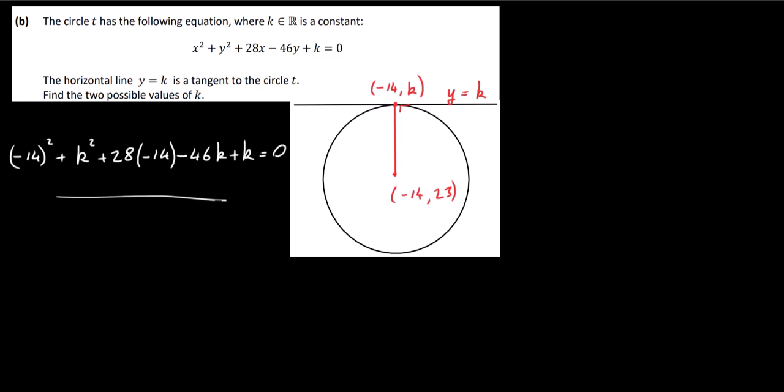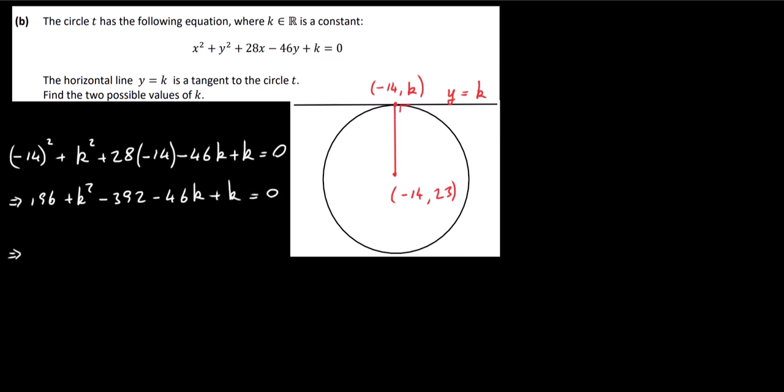So we have an equation here with just k in it. All we've got to do is solve that. So let's see, −14 squared is 196, plus k squared, −14 times 28, which is −392, minus 46k plus k equals 0.